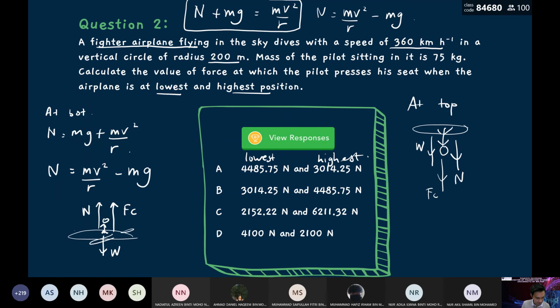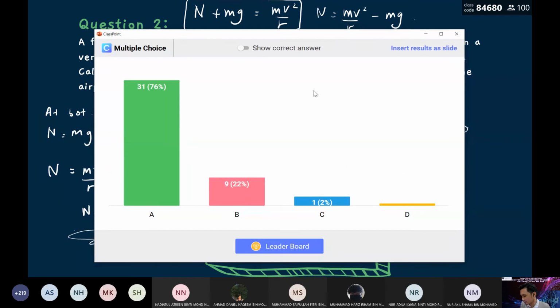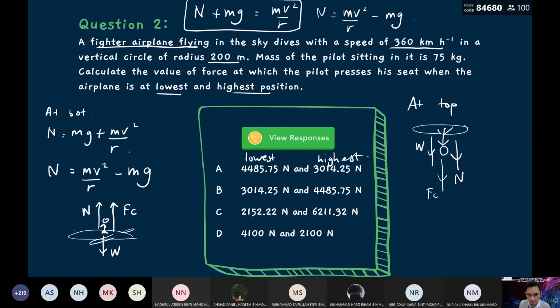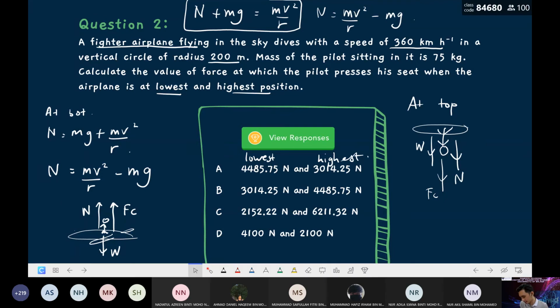Okey, jadi macam yang saya cakap, I just masukkan the value, jawapan dia sebenarnya adalah A, 31. Just masuk dalam equation. Jadi I open my blackboard untuk show the solutions. Sekejap. Okay, so the fighter airplane speed is 360.